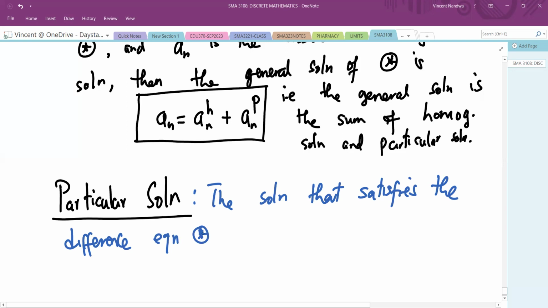Note that difference equation and recurrence relation mean the same, so we'll be using either to mean the same thing.